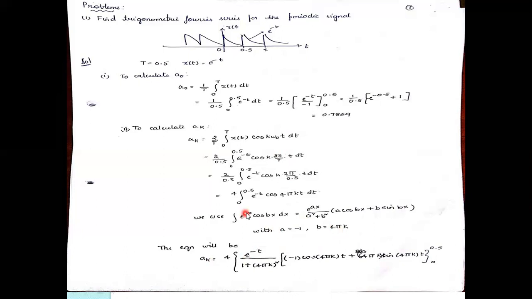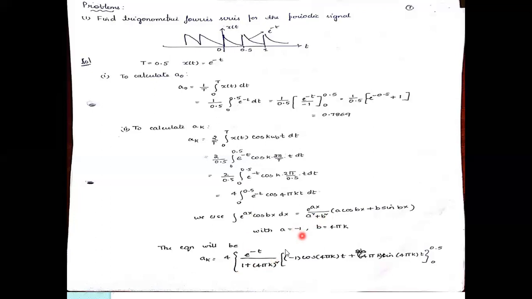Substitute the a and b values in this trigonometric expression and apply the integral with the limits 0 to 0.5 to get a of k. So 4 into, because 2 by 0.5 is 4, e power a is minus, and instead of x here t is the variable, e power minus t whole divided by a square plus b square.